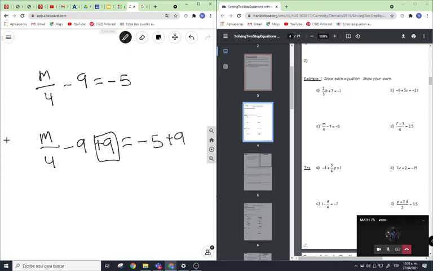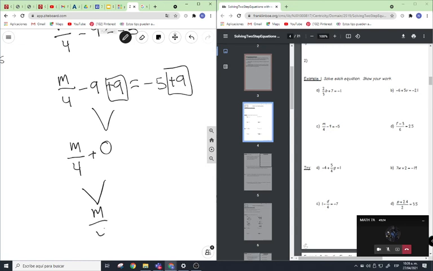So you see? Okay, we do the same on both sides. So negative 9 plus 9 is 0. Okay, and m divided by 4, and you combine it with a 0, that is why I put an addition. It's just m over 4.